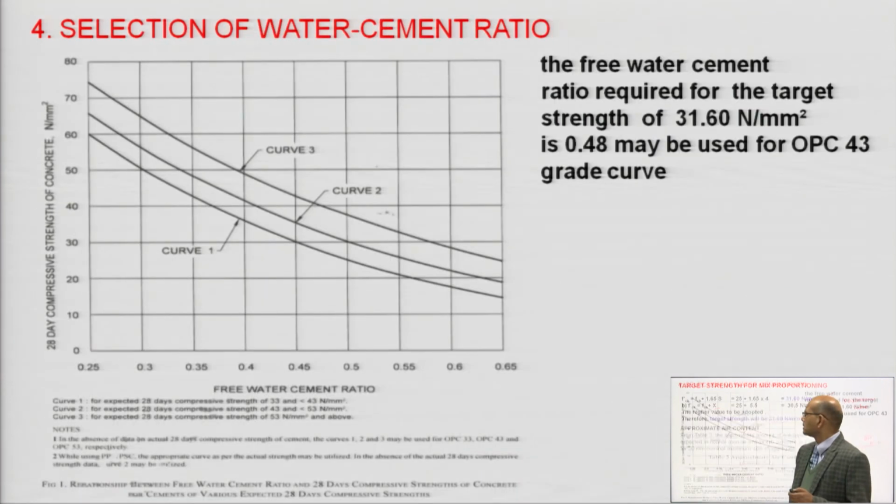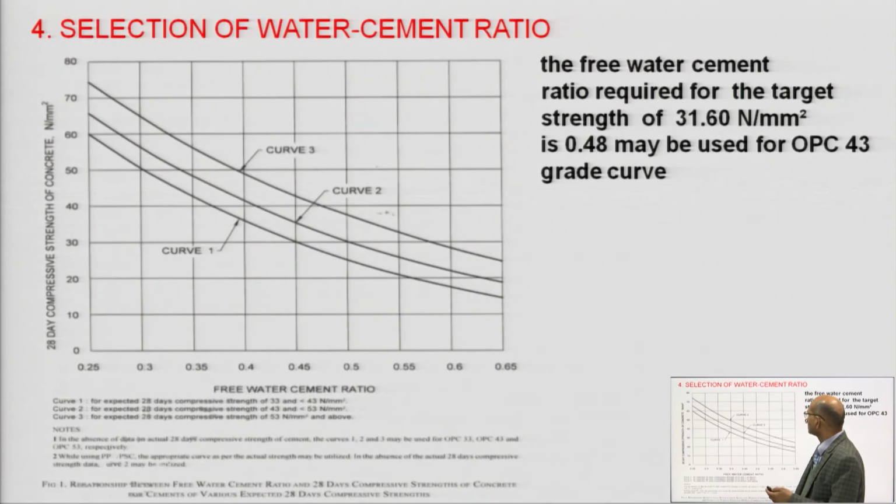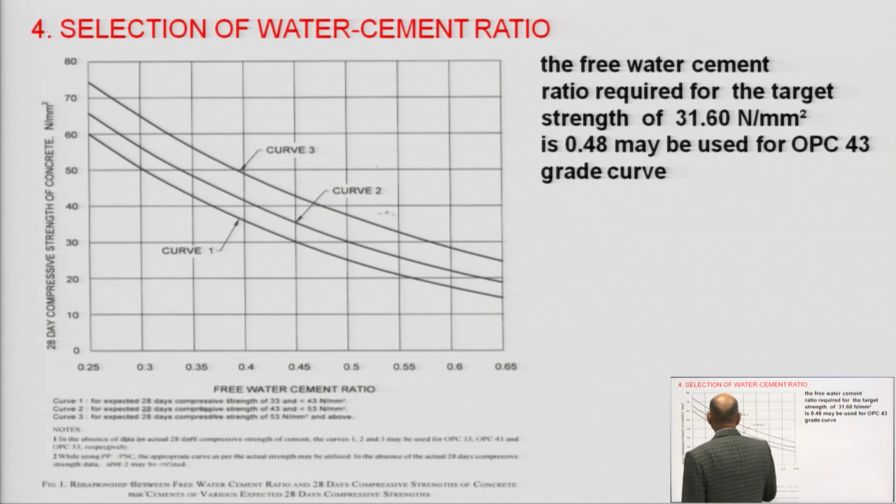Then we have the selection of water cement ratio. The water cement ratio is also a very important parameter in selection, because it depends on the type of cement. We have 3 types of cement: for 33 grade cement, this is the curve.